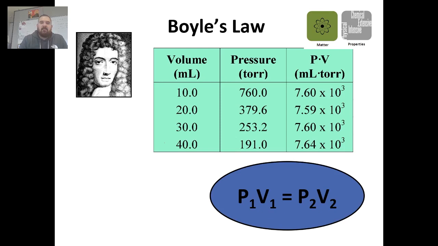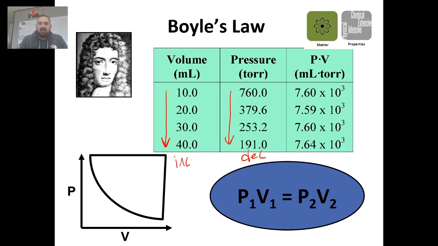Our volume is increasing as we go down. We go from 10 to 20 to 30 to 40. So as volume increases, what happens to our pressure? It decreases. So as this increases, this one decreases. And that's the relationship that you're going to notice.